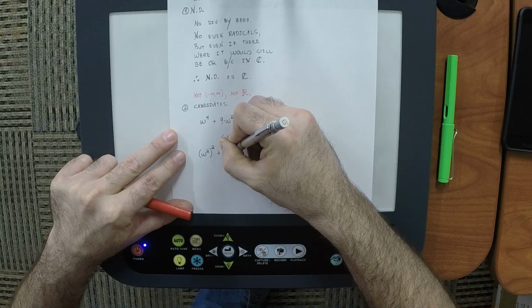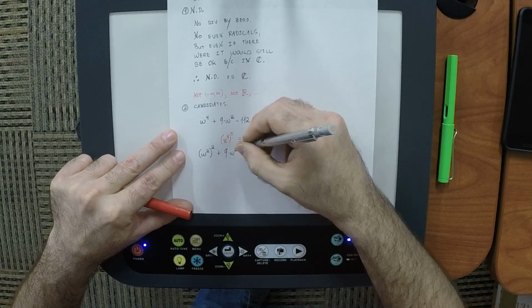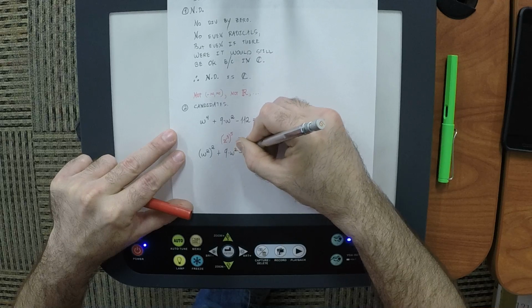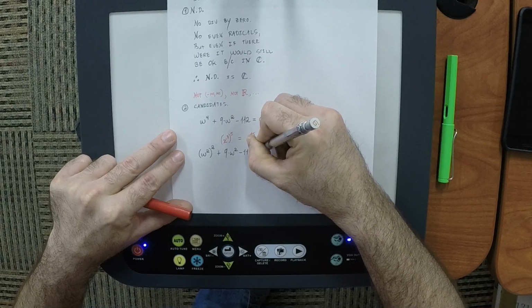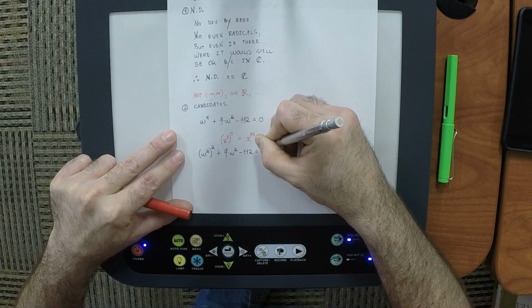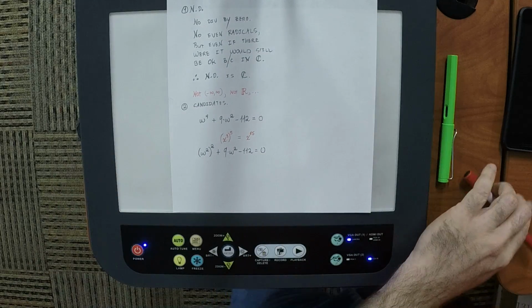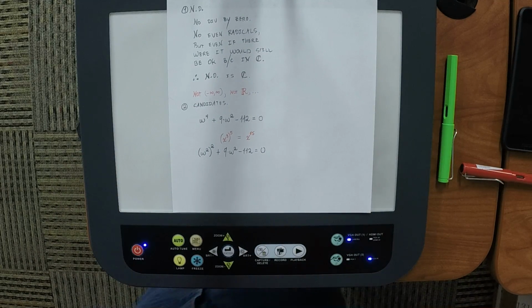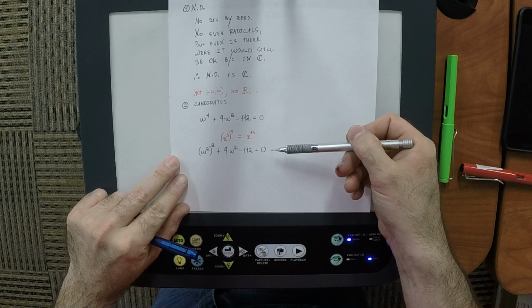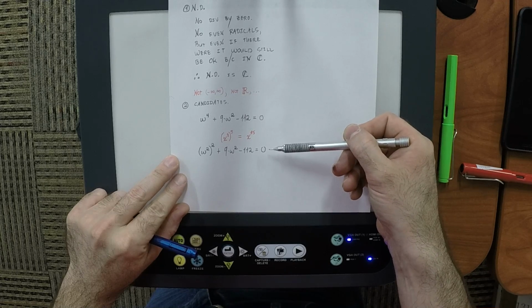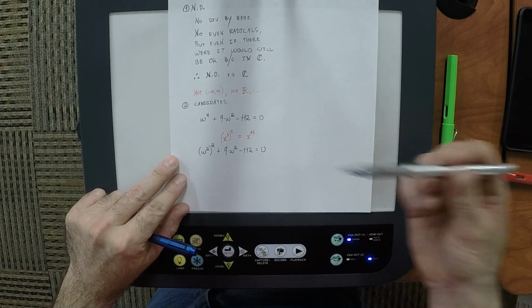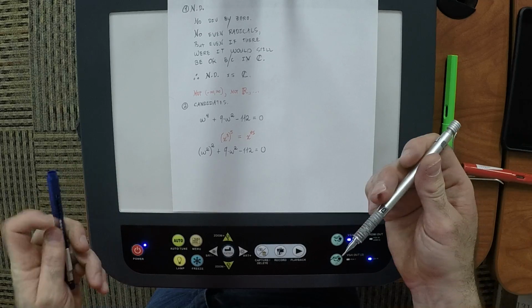plus 9 w squared minus 112 equals 0. And here's what I want you to observe, is that in the way that we've written this, w squared occurs in more than one place.